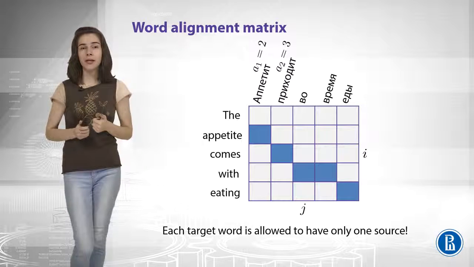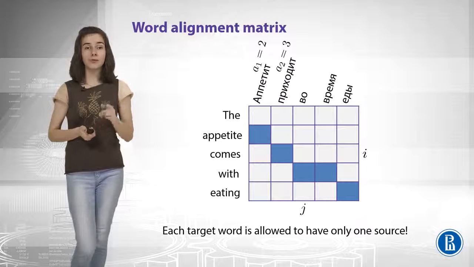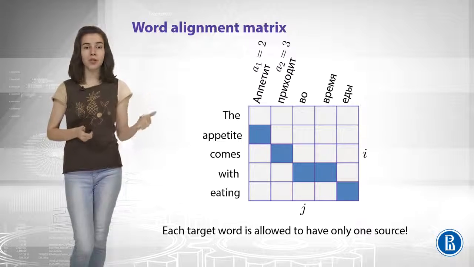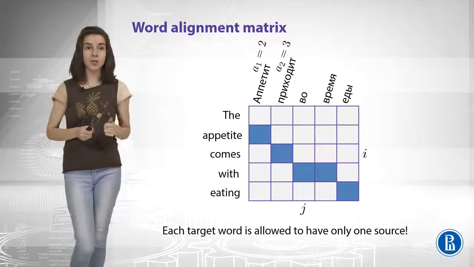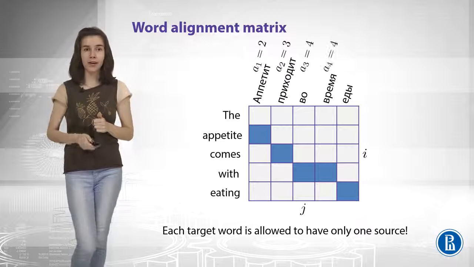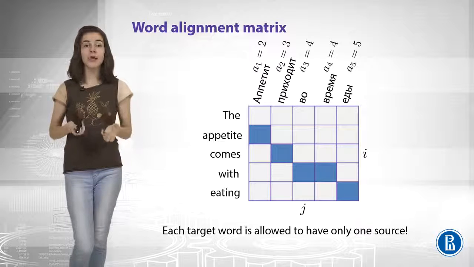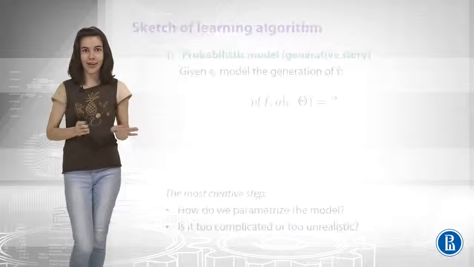Now, what would be A2? So A2 will be equal to 3 because we have comes matched to приходит, which is the third word in our source. Now we can proceed and do the same for A4 and 5, A6. That's it. So this is our notation. Please keep it in mind not to get lost.